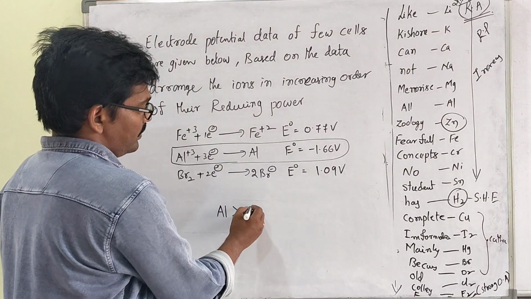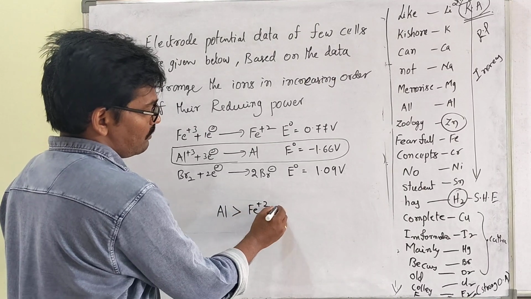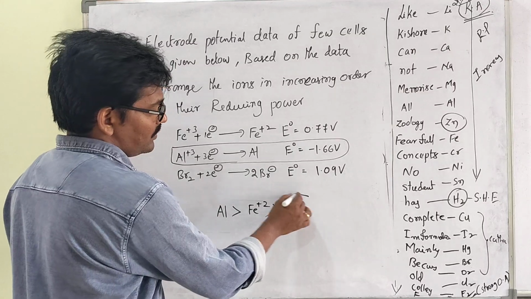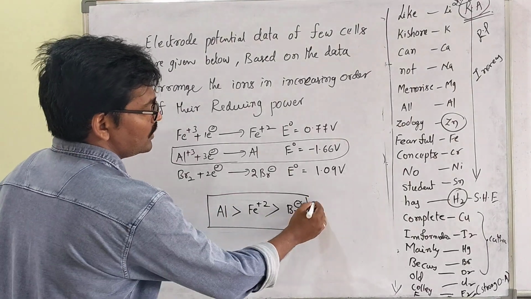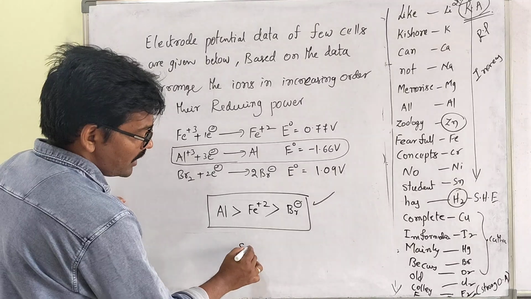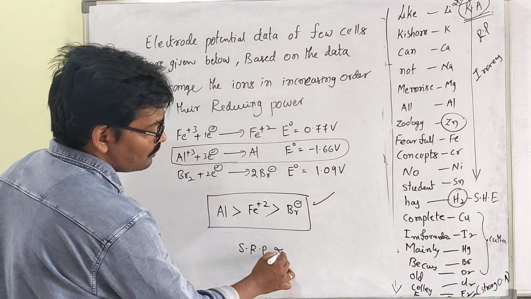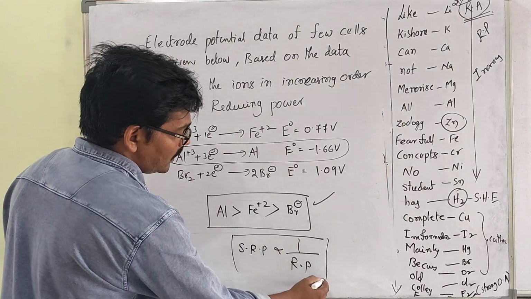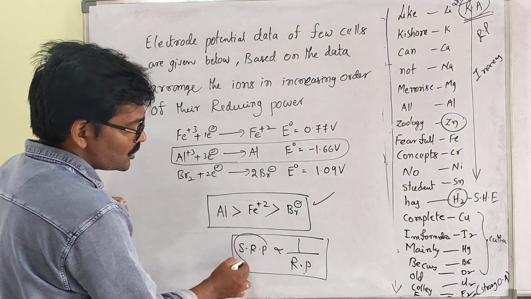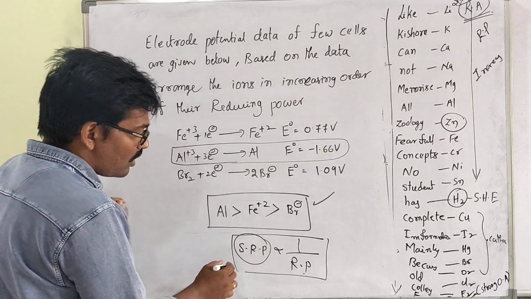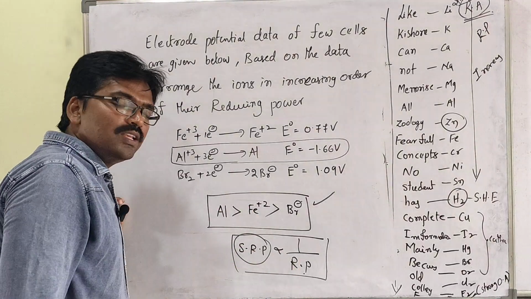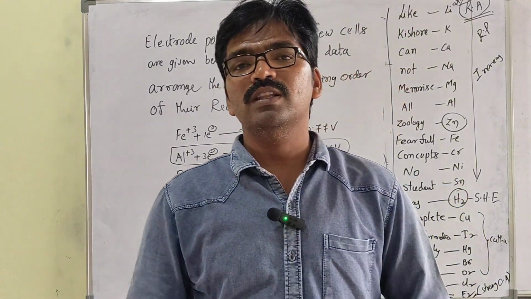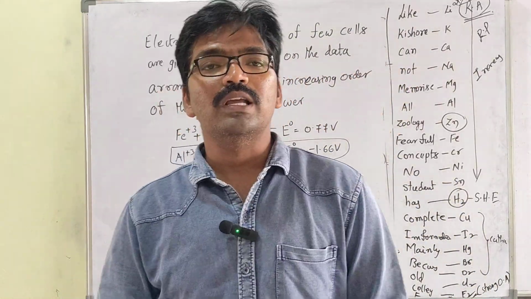Then after that Fe plus 2, then Br minus. This is the order. Standard reduction potentials are inversely proportional to reducing power. The one with the lower standard reduction potential value has higher reducing power. Understand? Because they are inversely proportional. Such types of questions they will ask in the electrochemical series.